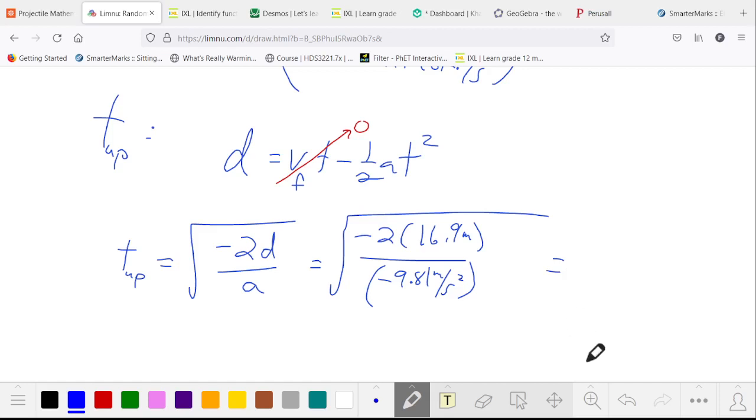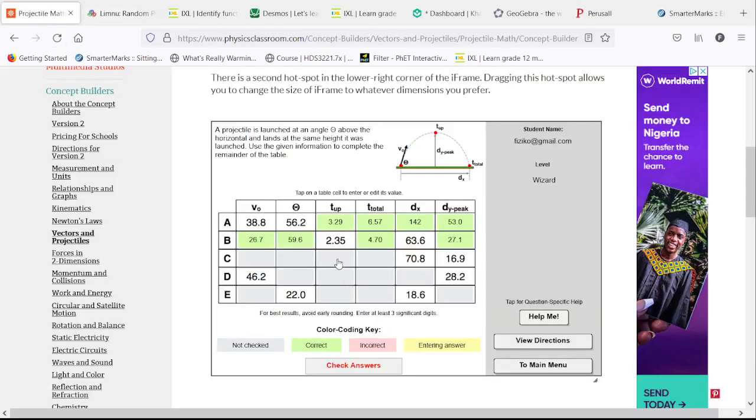So this gives us a time to go up of 1.86 seconds. So our total time, which is 2 times the time up, is 3.71 seconds. So there we go.